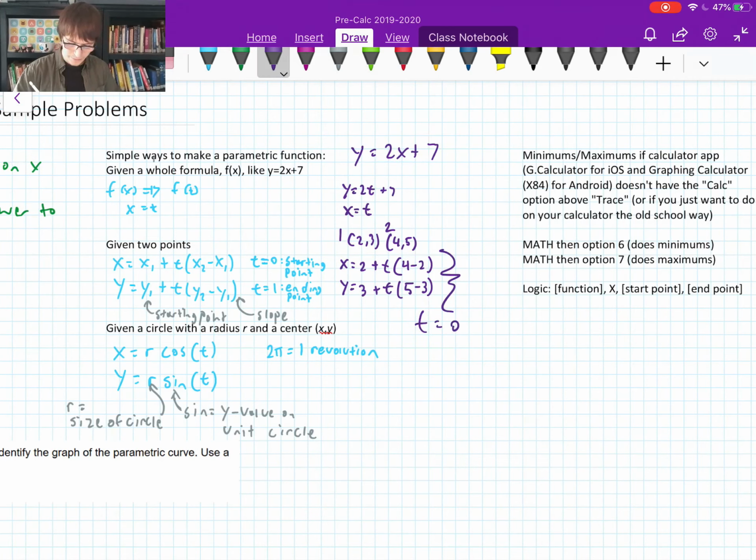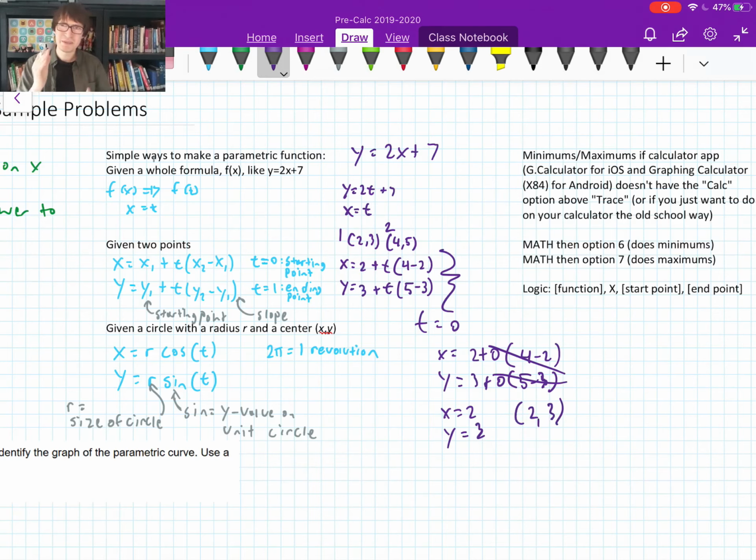Well, that'd be x equals 2 plus 0 times (4 minus 2), and y equals 3 plus 0 times (5 minus 3). The zeros just cancel out whatever's next to them because we're multiplying against all that. So x equals 2 and y equals 3. Our first point, so our coordinate would be (2, 3).